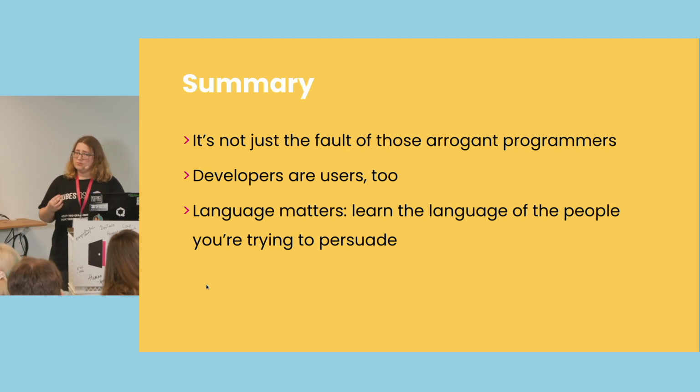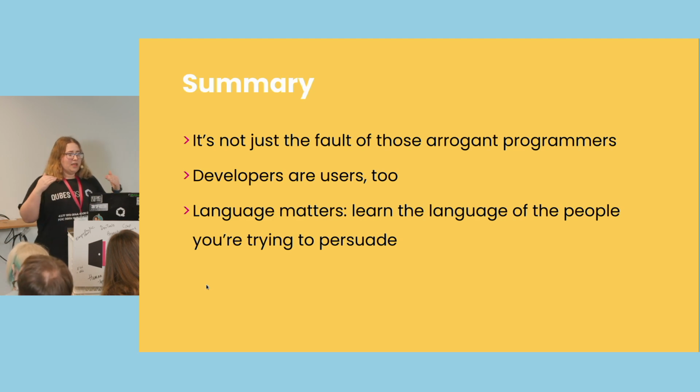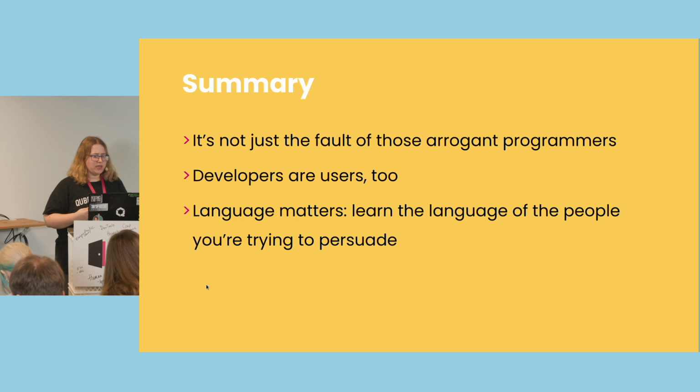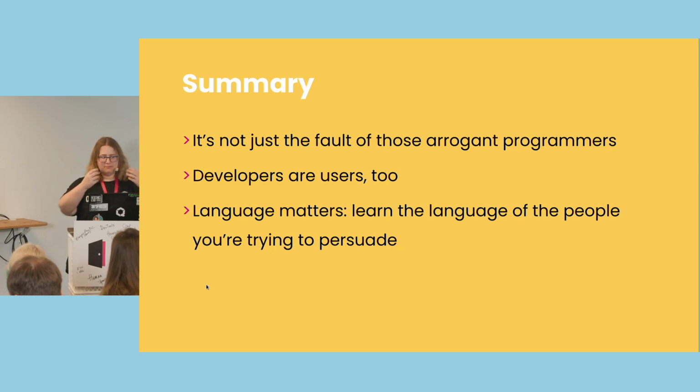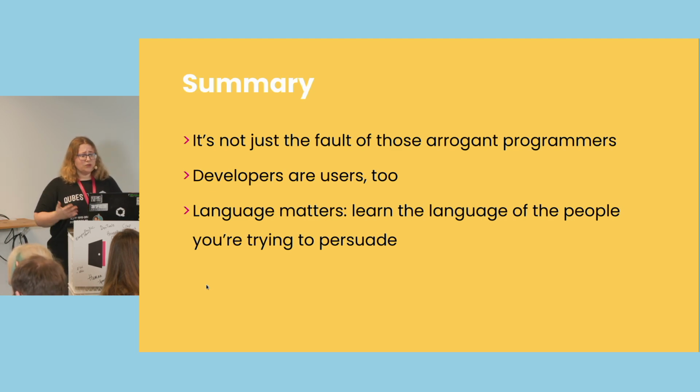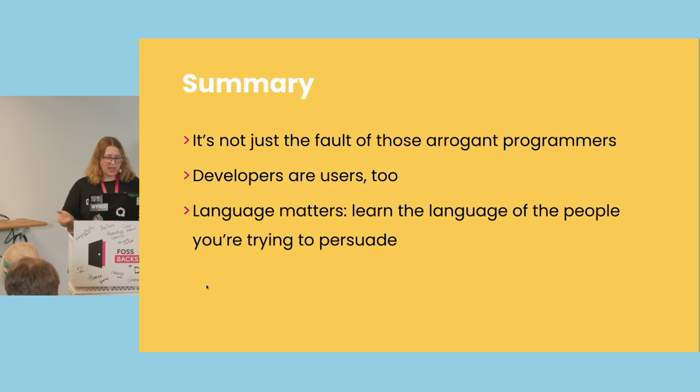And it's really valuable to treat them not just as people who will do the things you design, but also as an important group of people that you want to talk to and work with, and not just tell them, this is going to be better, just do it. The language that we use matters. And to improve design, I think you need to learn the language of the people you're trying to persuade, in this case, developers of the projects you're working on.